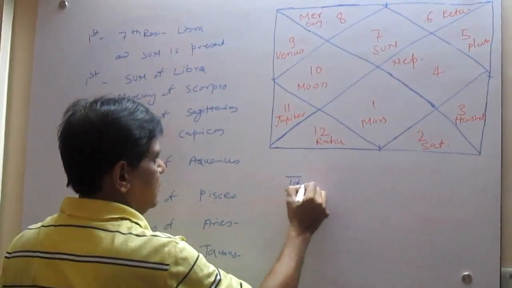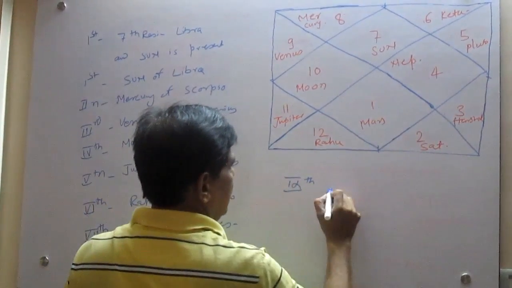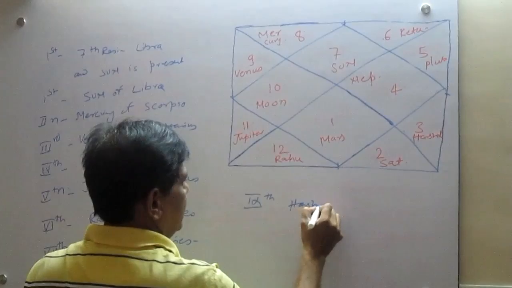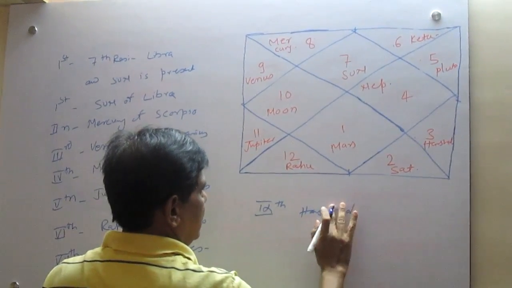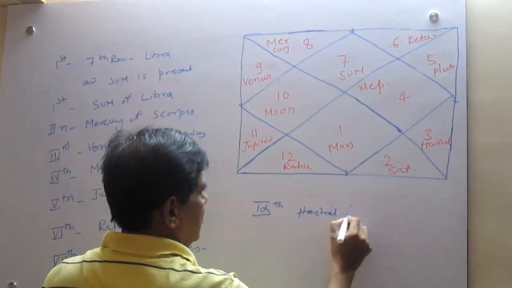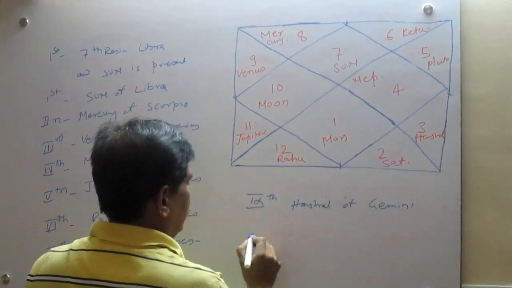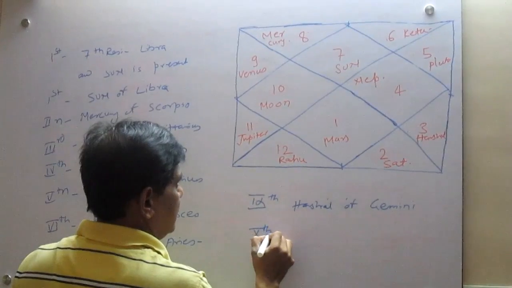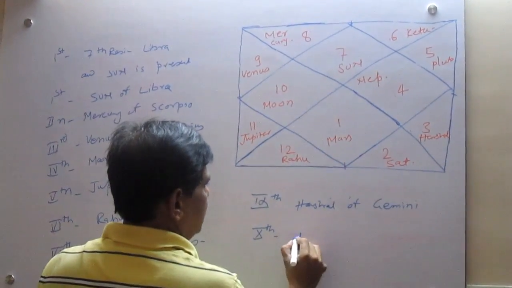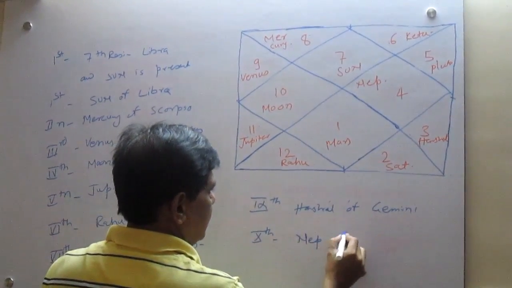Ninth house, Harsha of Gemini. In 10th house, Neptune of Cancer.